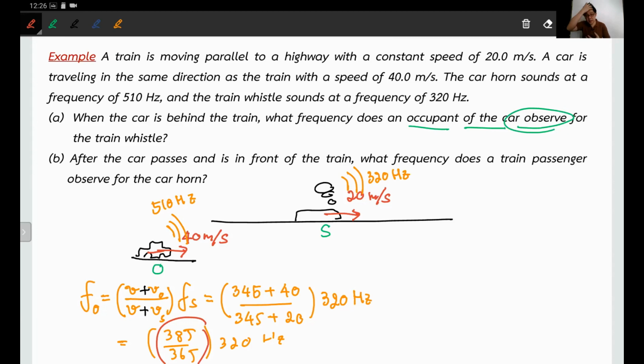That makes sense because the car is going faster than the train. So to the occupants of the car, the car is approaching, because it's catching up to the train. In effect, it looks like the car is getting closer to the train. So of course, the net frequency they will hear is a higher frequency.